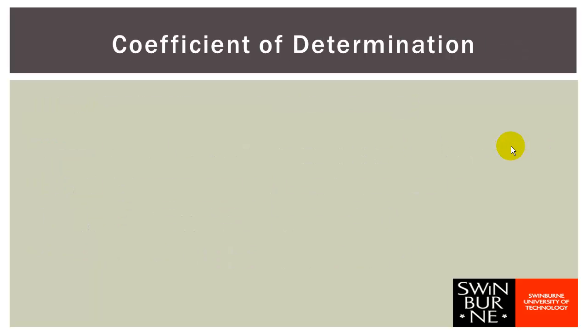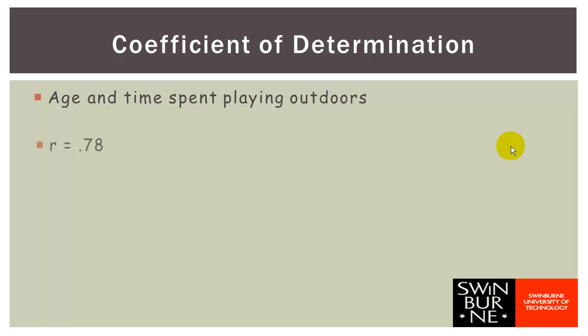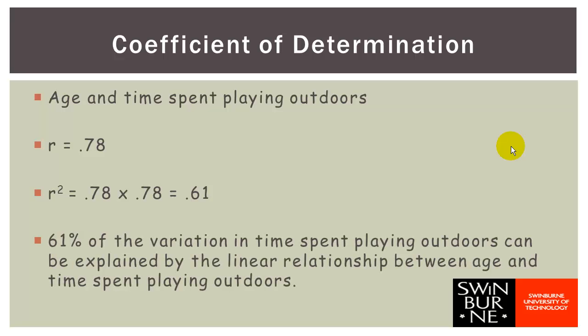So going back to the relationship between age and time spent playing outdoors, in that relationship Pearson's R was 0.78. So if we squared Pearson's R, that is, we multiply 0.78 by 0.78, we'd get a value of 0.61. Now that tells us that 61% of the variation in time spent playing outdoors can be explained by that linear relationship between age and time spent playing outdoors.